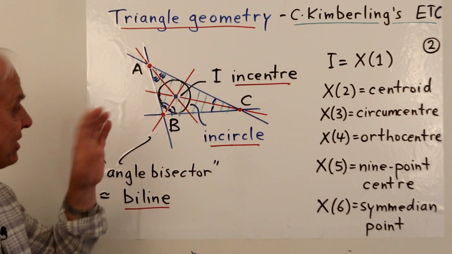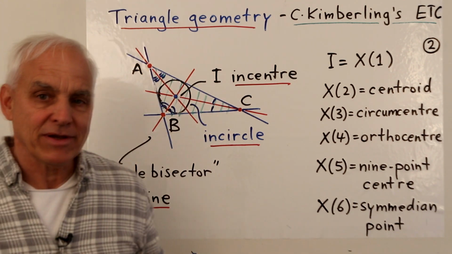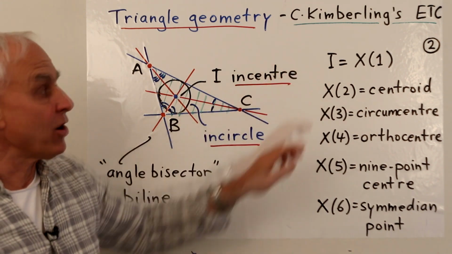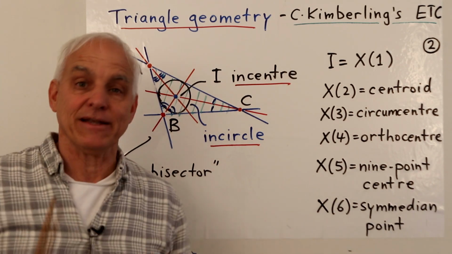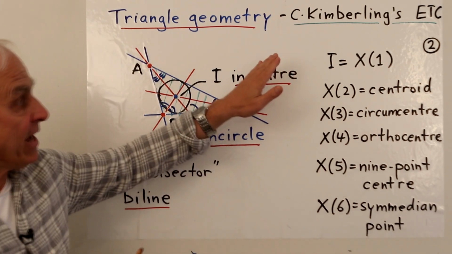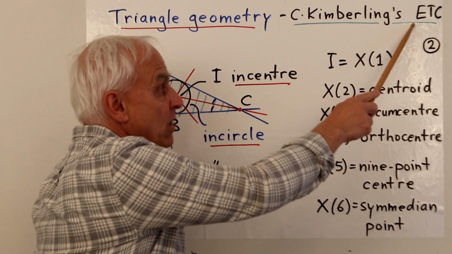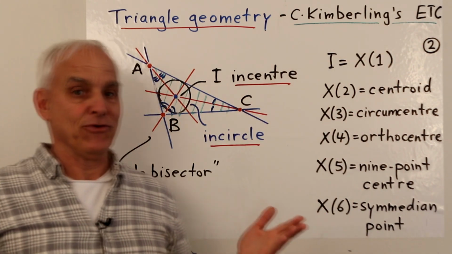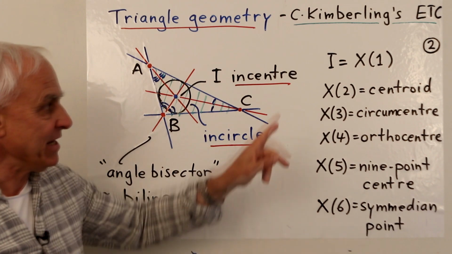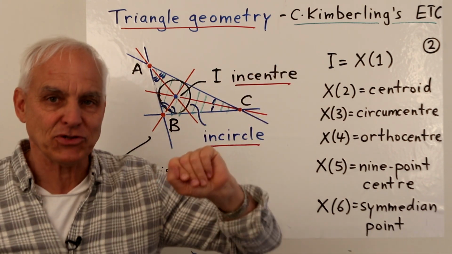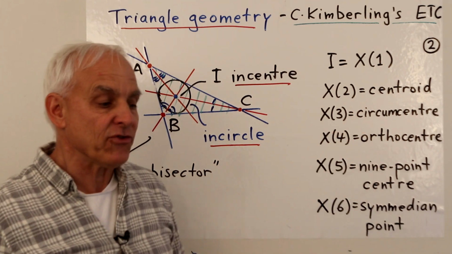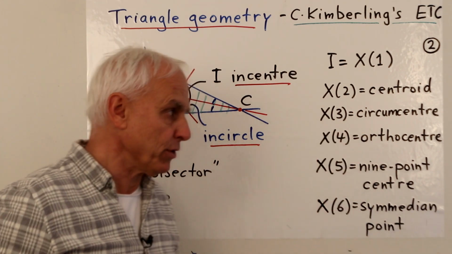So let's talk about the triangle center, the incenter, first. Actually, that's the first one on Clark Kimberling's famous list. He has a website called Encyclopedia of Triangle Centers, which lists thousands of triangle centers. And the incenter is actually the very first one on his list. So this is a great resource for people interested in geometry, and I encourage you to have a look at it.